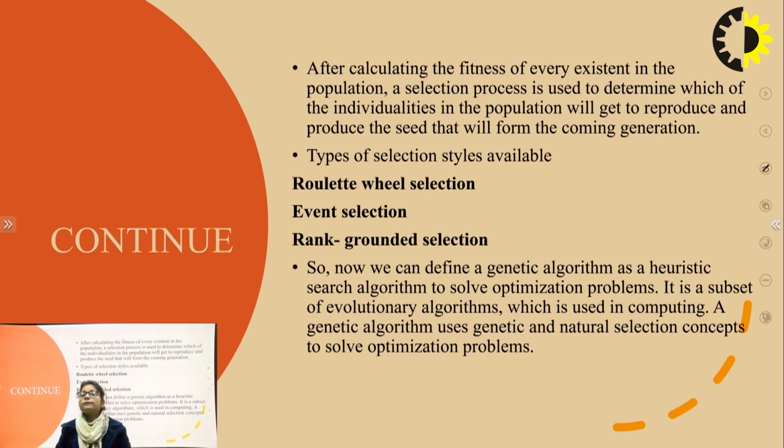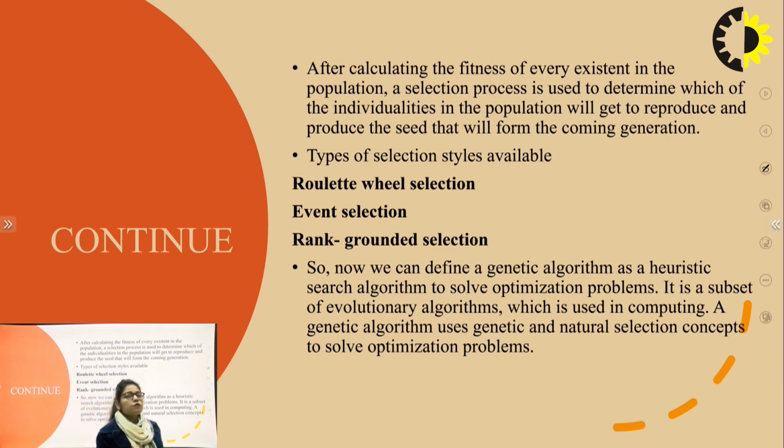After calculating the fitness of every individual in the population, a selection process is used to determine which of the individuals in the population will get to reproduce and produce the offspring that will form the coming generations.